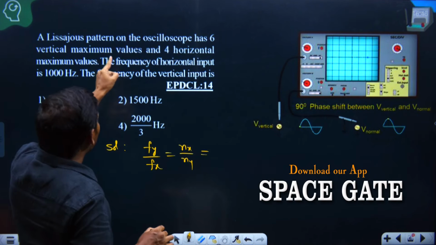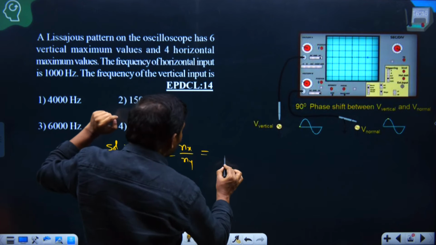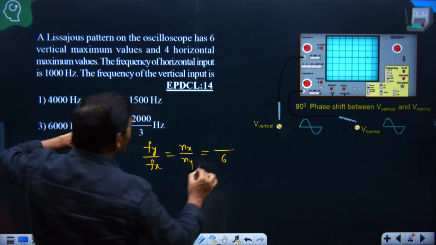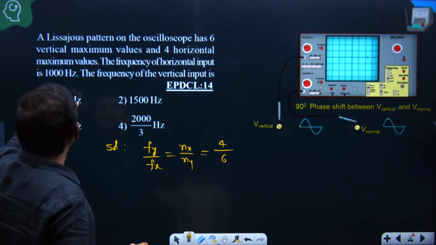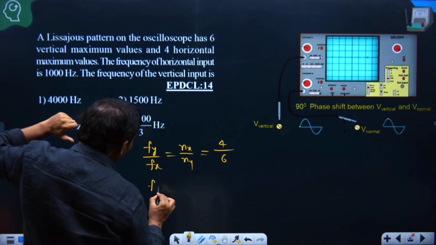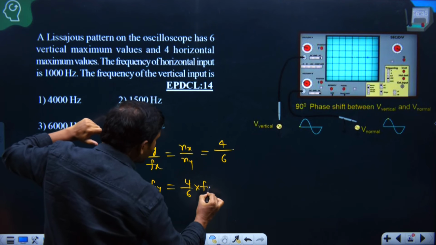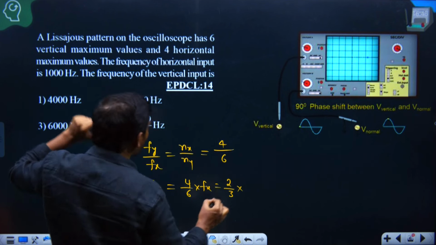A Lissajous pattern on the oscilloscope has 6 vertical maximum values and 4 horizontal maximum values. The frequency of horizontal input is 1000 Hz. Then what is Fy equal to, students? Fy equal to 4 by 6 into Fx, that is 2 by 3 into Fx, which is given as 1000 Hz.